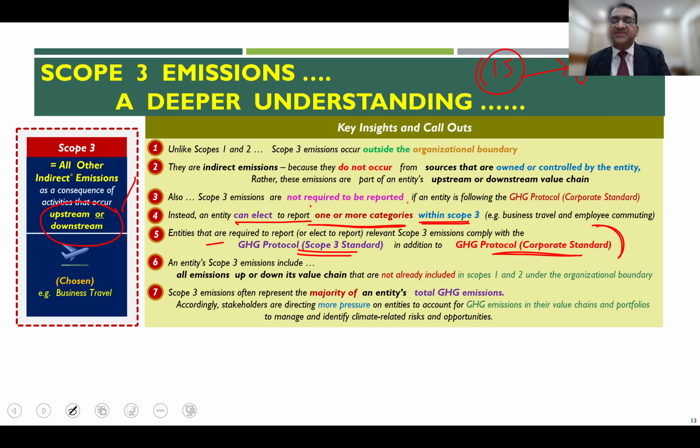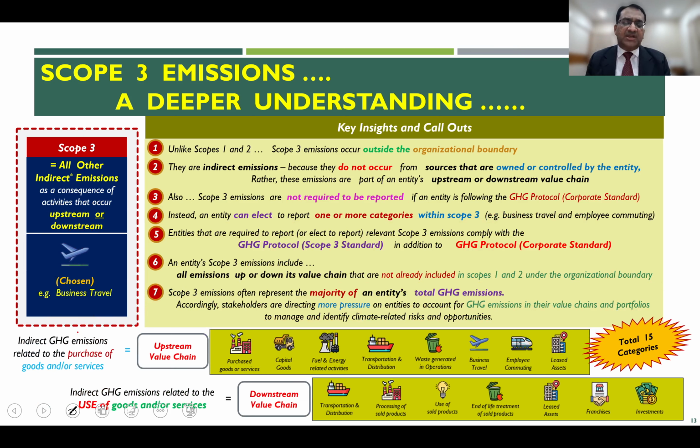Right? And these are the 15 categories which we talked about. The first top line is the upstream value chain related emissions, 8 categories. And at the bottom, you have the other 7 categories, which are part of the downstream value chain emission reporting. This is what I wanted to cover in this particular video.